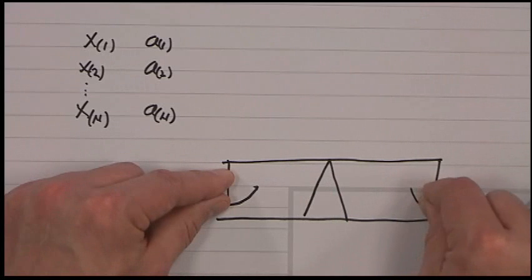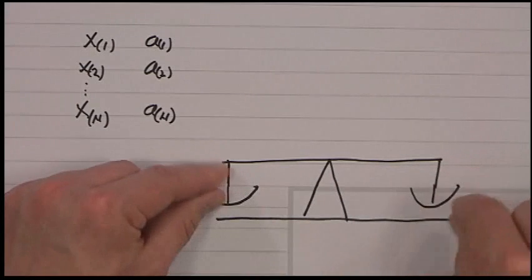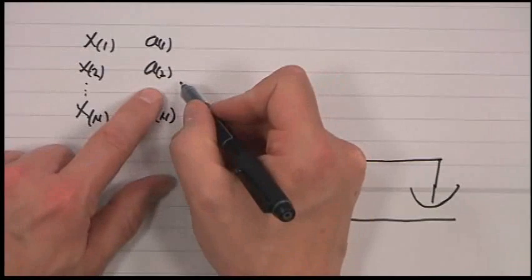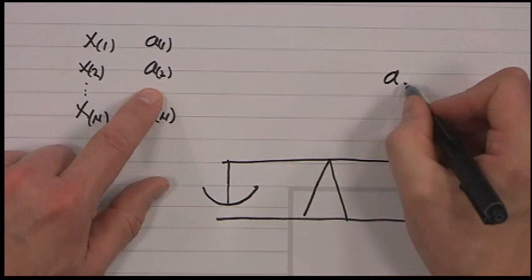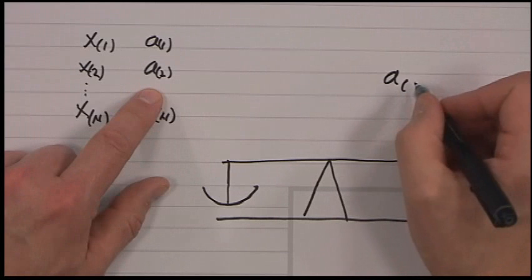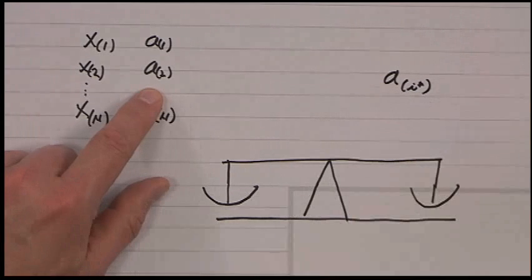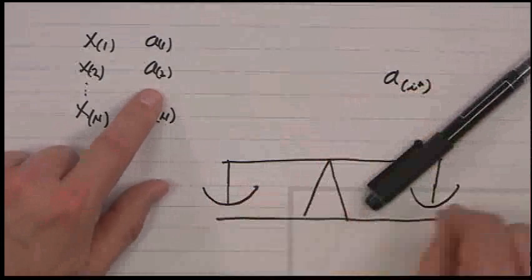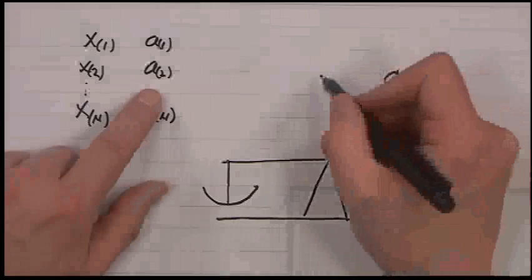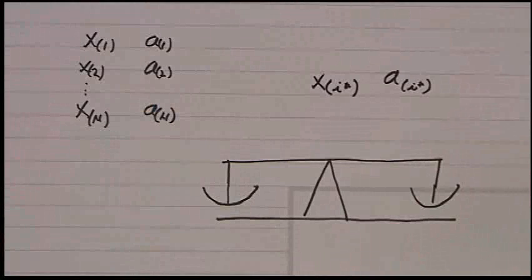The A that tips the scale, let's say that's A, I star. That's going to be the A that tips the scale. So I take the corresponding X, I star, and that's my output.